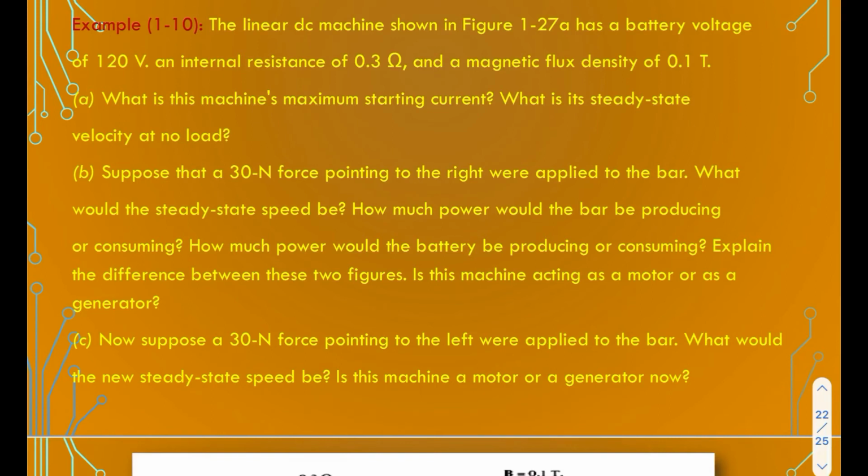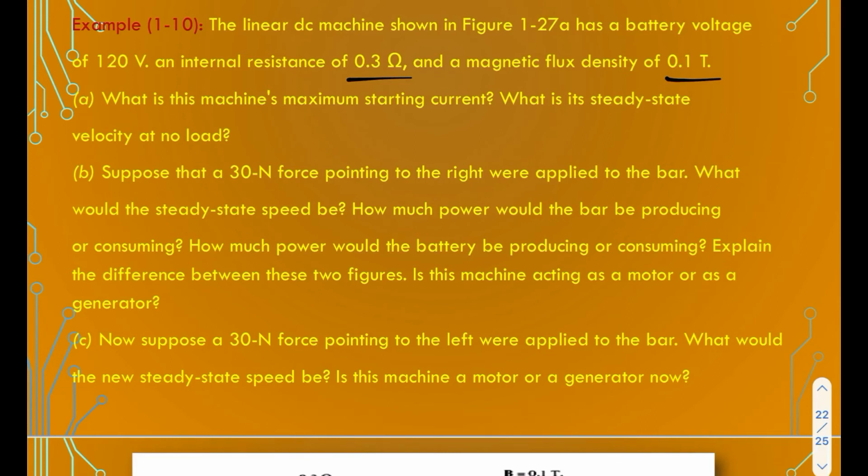Now we have an example here, example 110. We'll just solve this example. The linear DC machine shown in figure 127 has a battery voltage of 120 volts, an internal resistance of 0.3 ohm, and a magnetic flux density of 0.1 Tesla.